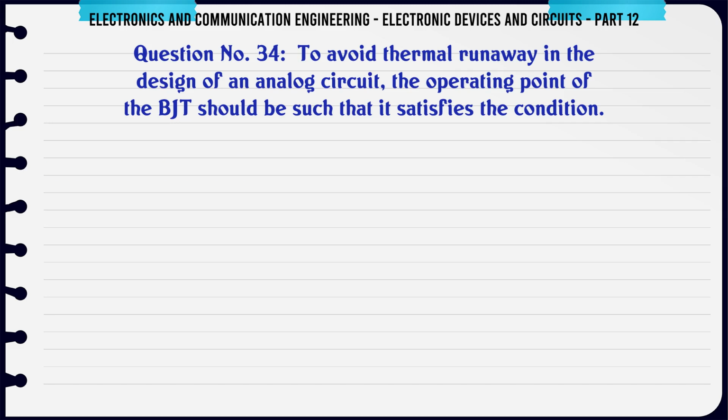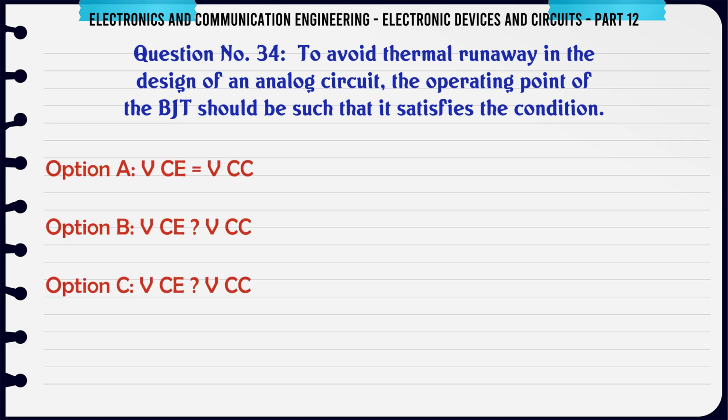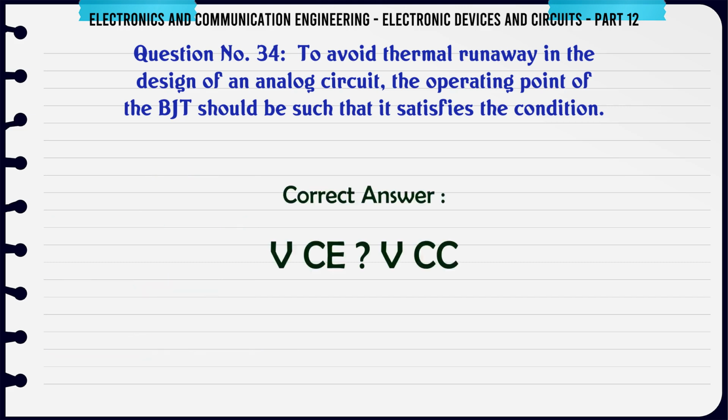To avoid thermal runaway in the design of an analog circuit, the operating point of the BJT should be such that it satisfies the condition A) VCE, B) VCE, C) VCE, D) VCE = 0.78 VCC. The correct answer is VCE.